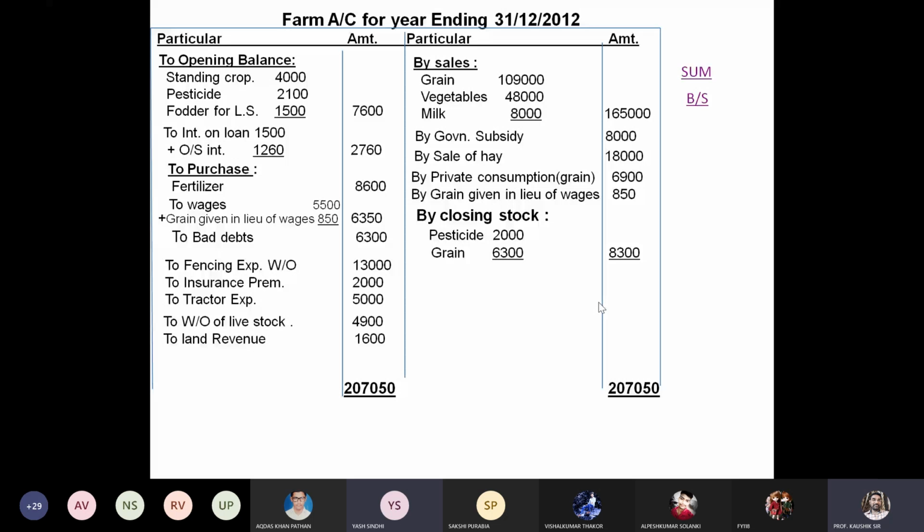Very good answer. Okay, write down 1,48,940. This profit will be added in the capital. Then we make the total of balance sheet.